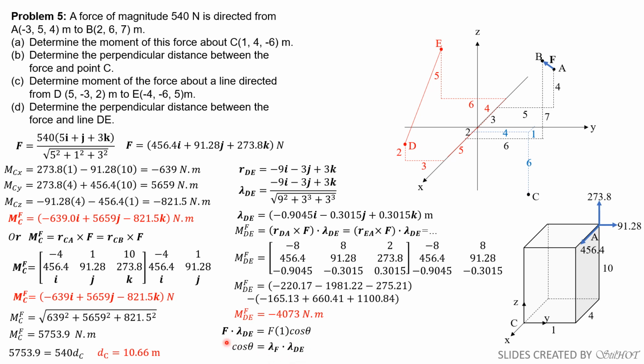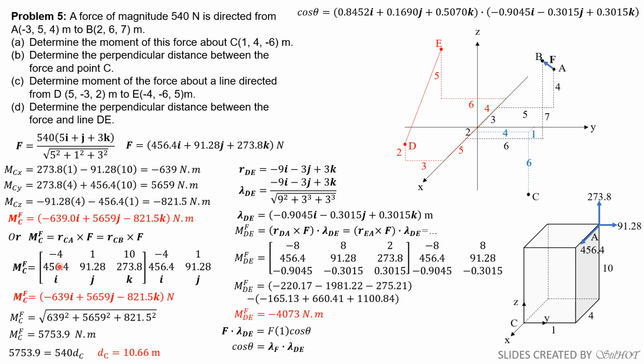So cosine theta is lambda of F dot lambda DE, because vector F divided by its magnitude is lambda F, and lambda DE is a unit vector because its magnitude is 1. So lambda of F is equal to 0.8452i plus 0.169j plus 0.5070k.